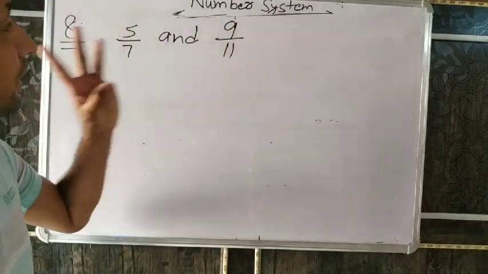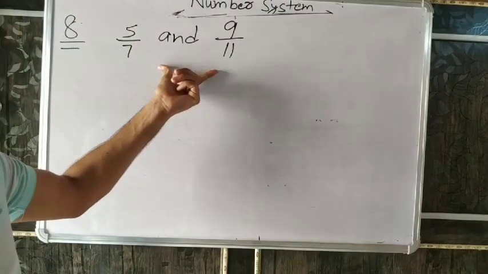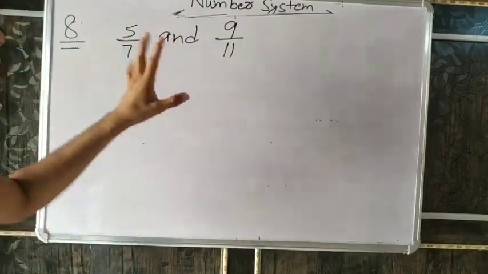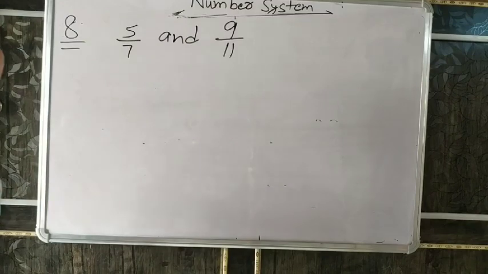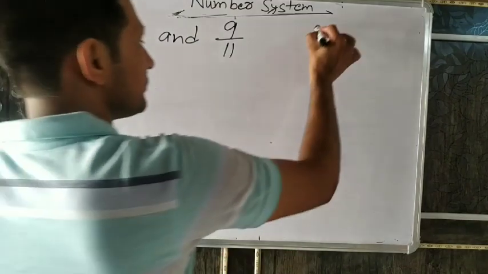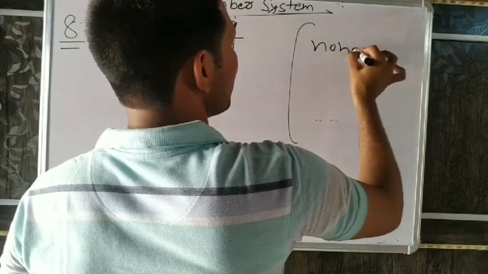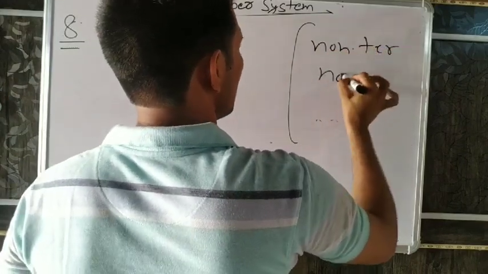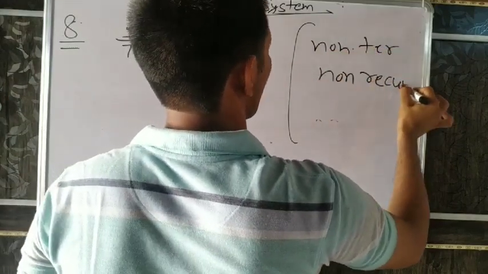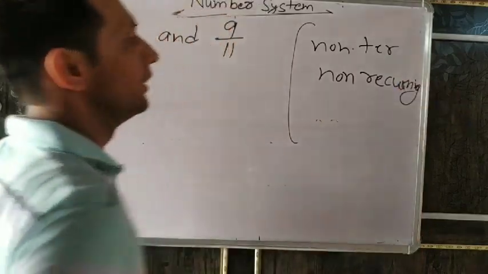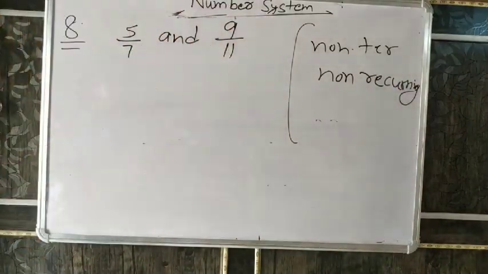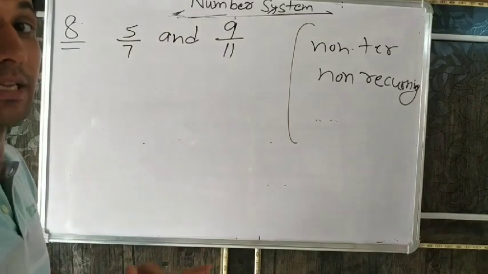We have to find 3 different irrational numbers between 5 by 7 and 9 by 11. What type of number? Irrational. And what is irrational? Non-terminating, non-recurring, that is non-repeating. So first we will write their decimal expansion like this one.